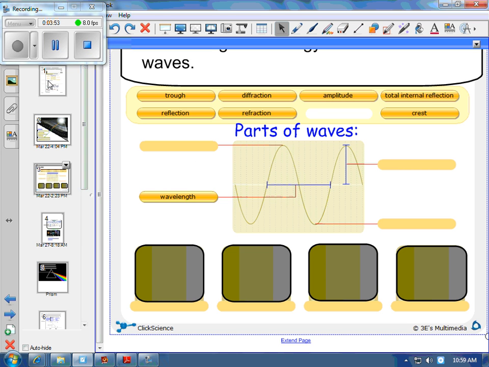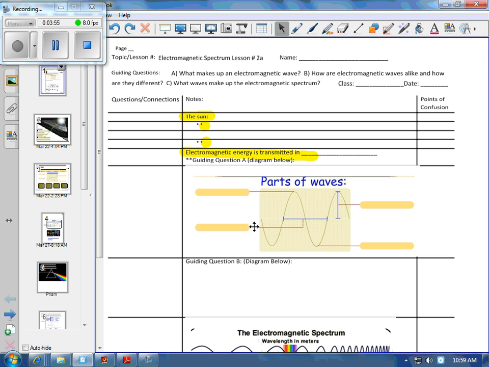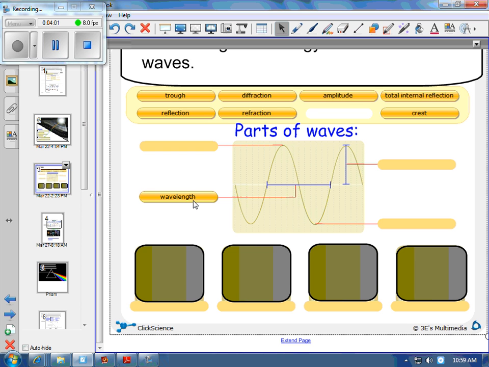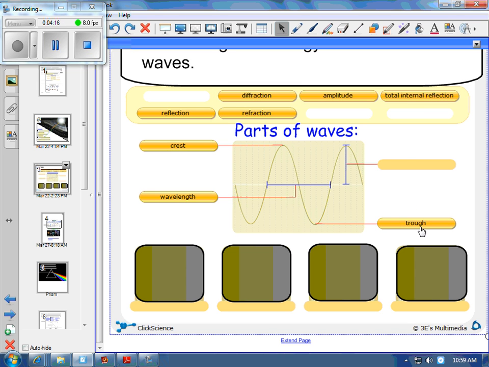Okay, and again, this diagram is on your notes. You have the same picture on your notes, so you should be labeling this as I go along. All right. The next, the crest of the wave is the very top of the wave. Okay. The trough of the wave is the very bottom of the wave.